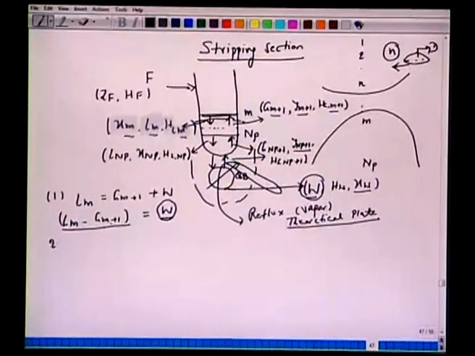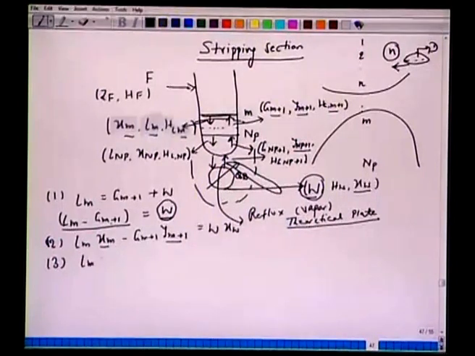We will mark that. Number 2 will be your species balance: Lm xm minus Gm plus 1 ym plus 1 equals W xW. So it is a species balance for the more volatile component, A or B, whatever you have. Third is the energy balance: Lm HLm minus Gm plus 1 HGm plus 1 equals W HW, but now we have minus QB.